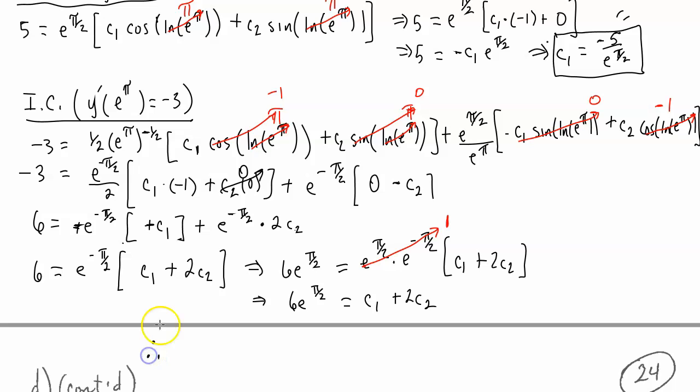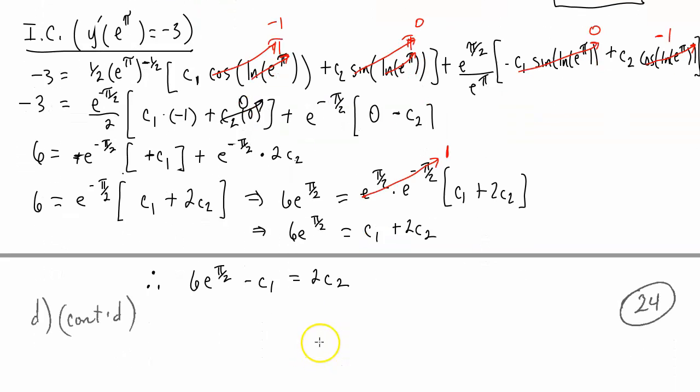And so now I'm going to solve for c2, and then I'm going to throw in c1 right at the end. So I'm going to have 6 times e raised to the positive pi over 2. I'm going to subtract c1 from both sides. And then, of course, to get c2 by itself, I will have to divide both sides by 2.